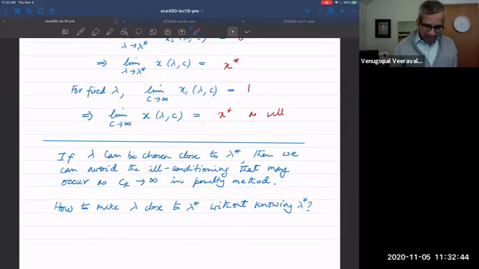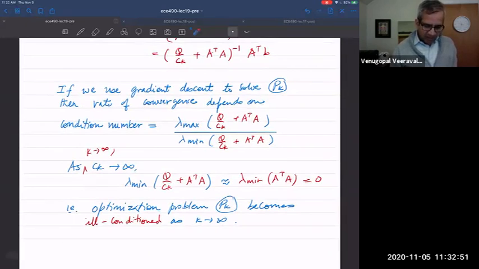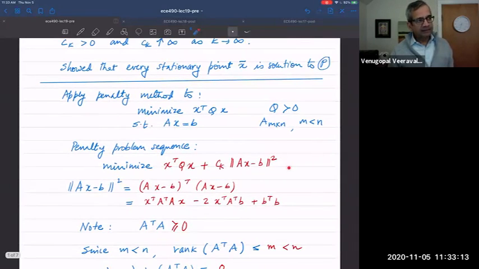So going back to this problem here, as long as Ck is bigger than some threshold, C bar, if you augment this optimization problem with a lambda transpose x, and you can somehow make lambda close to lambda star, then you don't have to make C super large.